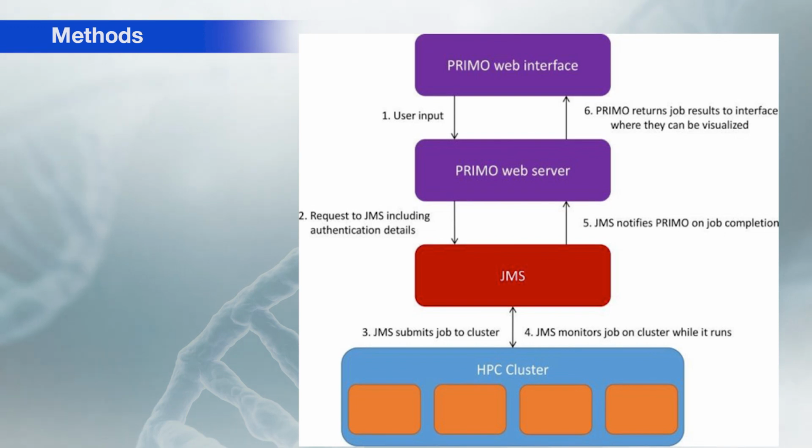In the cluster, the whole job is running and the result is produced accordingly. When the job finishes running on the cluster, GMS notifies PRIMO that results are available. PRIMO then collects the results and returns them to the interface where the user can interact with them.